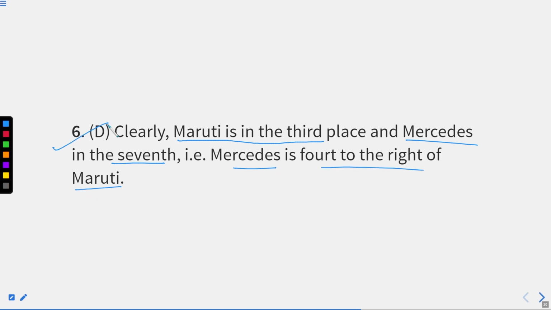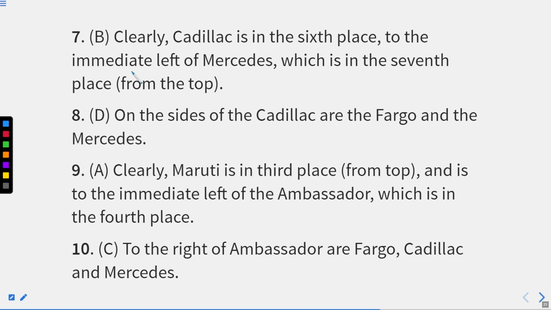I hope this part is clear. Now 7th question, clearly Cadillac is in the 6th place, we know that, to the immediate left of Mercedes, which is at 7th place from the top. So this part is also clear.